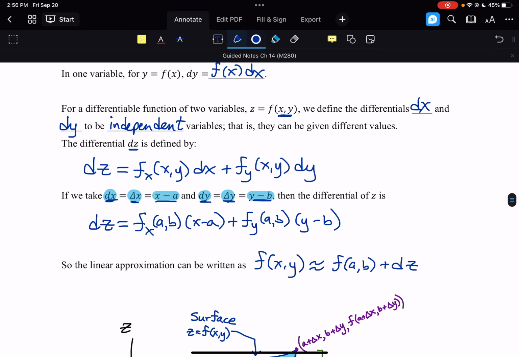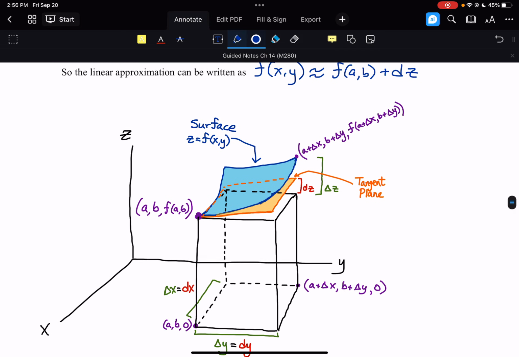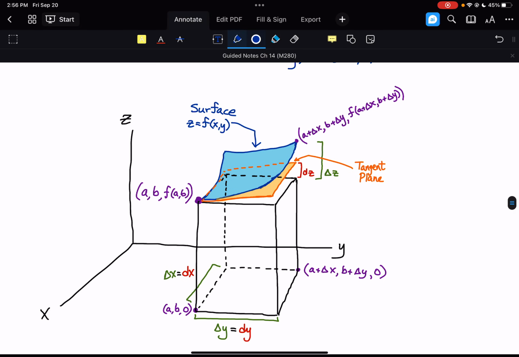But first, I want to look at a diagram that hopefully will make this a little clearer. Up here, we have the surface in blue. We have the tangent plane in orange. And this big box down here just shows where the guiding lines are so we can follow along. This is our starting point, a b, comma f of a b.